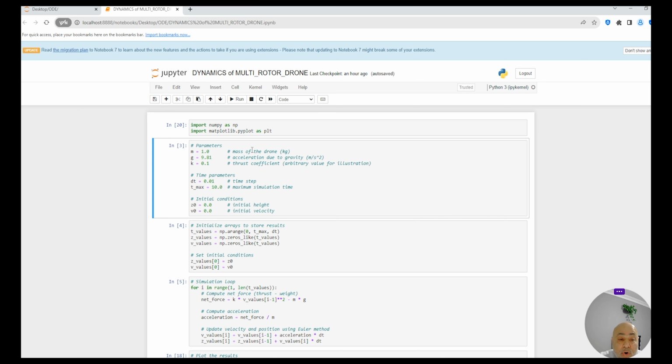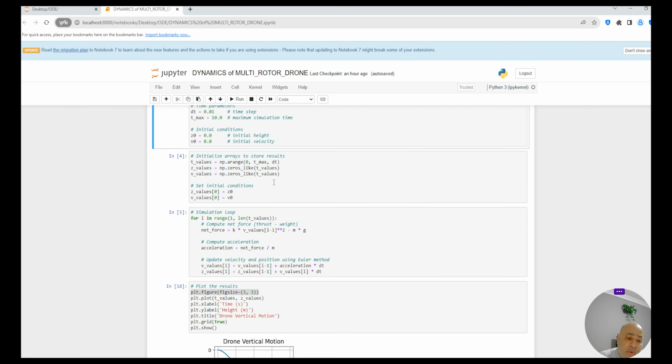And I did the same for v_values. So I'm creating the z_values and the v_values, which are the height and the velocity of my drone. And I set the initial conditions to equal 0 for both z and v values.